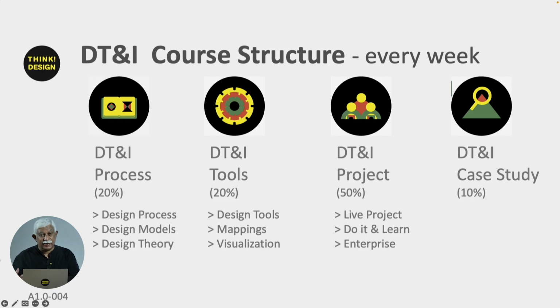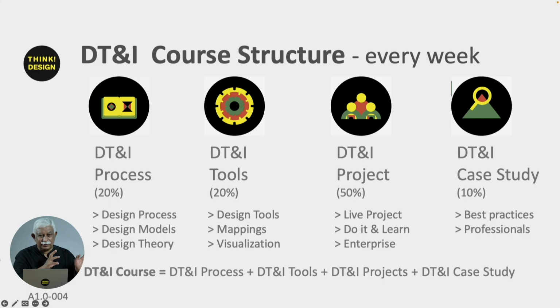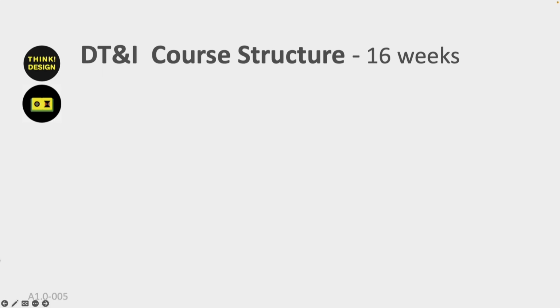You can end up with an enterprise or a business, and the case studies are based on best practices. Many of the case studies are presented by professionals. So, in a nutshell, the design thinking course has 4 components: the design process, the design tools, the design projects and the design case studies. So, every week we will have this.